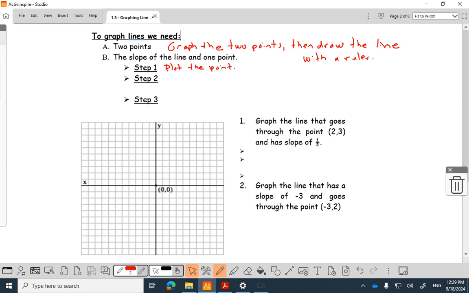Use the slope to get rise and run. I've just spaced that out a little bit on purpose so you can really see it. Use the slope to get rise and run. That won't be bad. That won't be bad. Step 3.